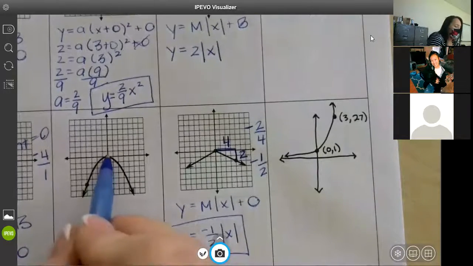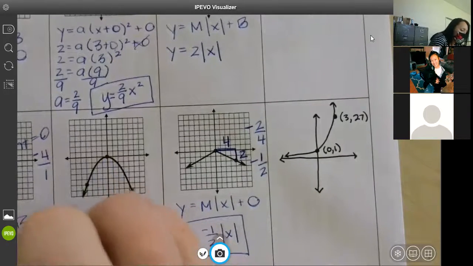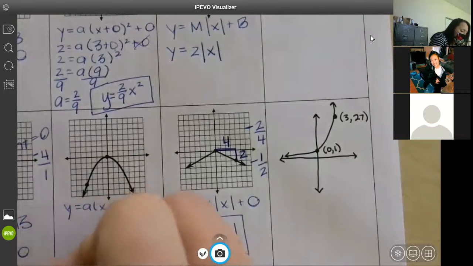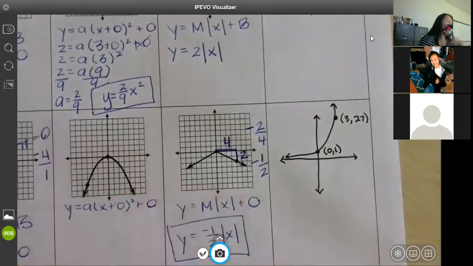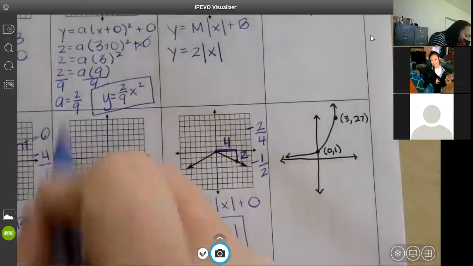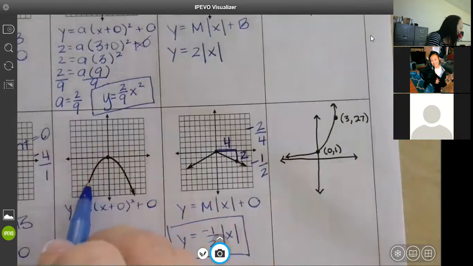If you look at your next one, your vertex is at 0, 0. So you're going to start the same way. X plus 0 squared plus 0. You're going to find your other point, and they labeled it for us. And where is that coordinate at? Anybody?